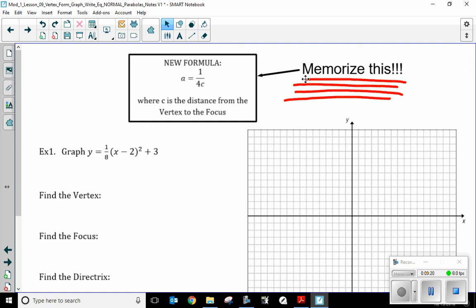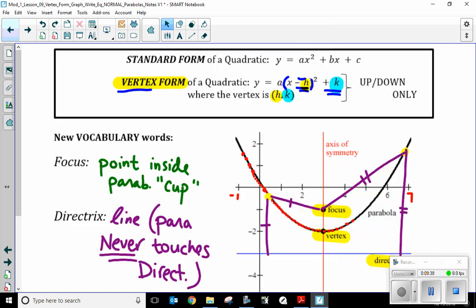Okay, so we have a formula here. It says A equals 1 over 4C, where C is the distance from the vertex to the focus. That's going to help us a lot, okay? But what's this A here? Let's go back to our vertex form of a quadratic.